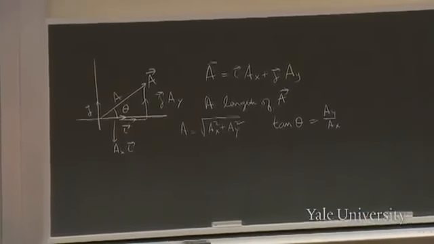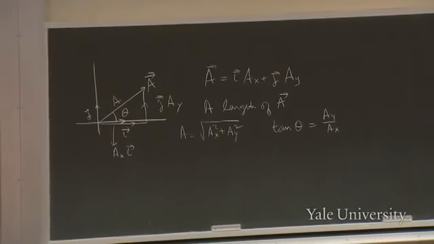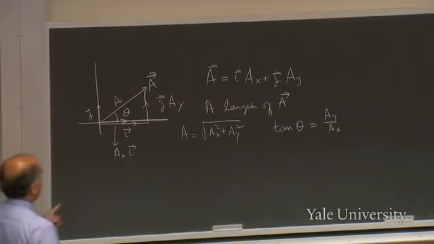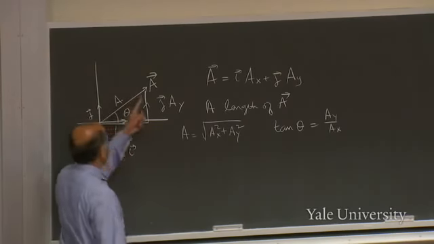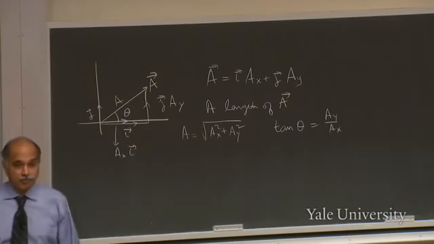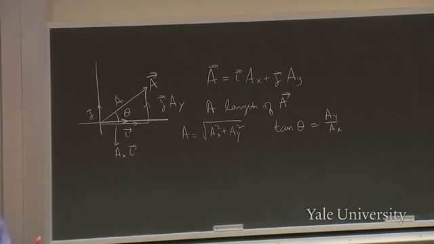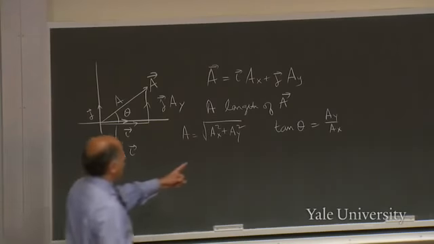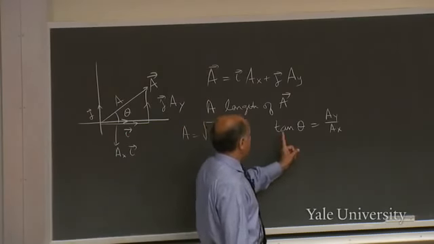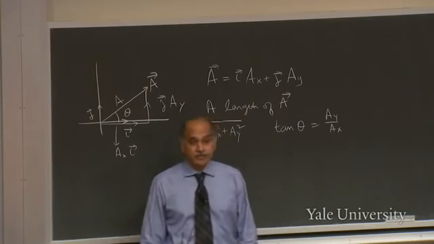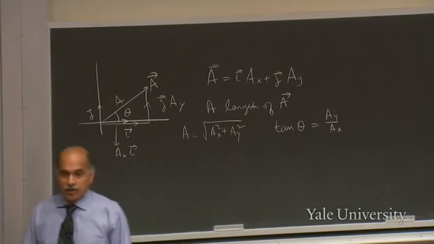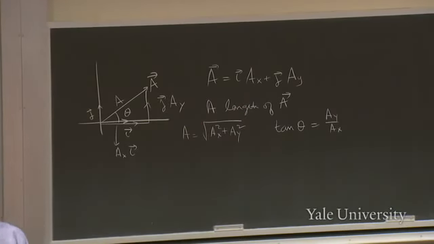So what this means, now here's the main point. If you give me a pair of numbers Ax and Ay, that's as good as giving me this arrow, because I can find the length of the arrow by Pythagoras theorem, and I can find the orientation of the arrow by saying the angle theta satisfies tan theta is Ay over Ax. So you have the option of either working with the two components of A or with the arrow.